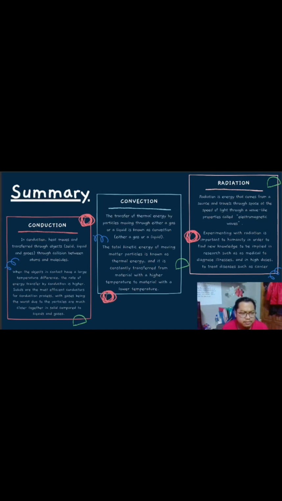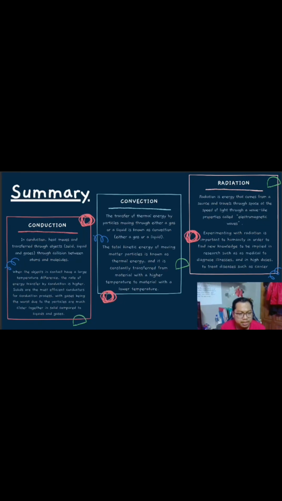For conduction, we can learn that heat moves and transfers through an object, whether it is solid, liquid or gas, and the heat transfers through collision between the atoms and molecules in the object. When the objects in contact have a large temperature difference, the rate of energy transfer by conduction is higher.